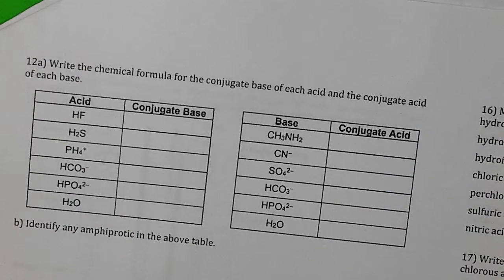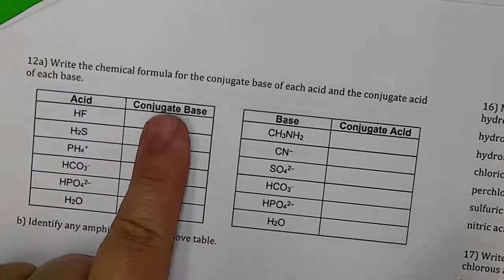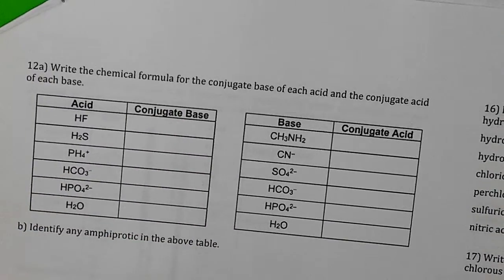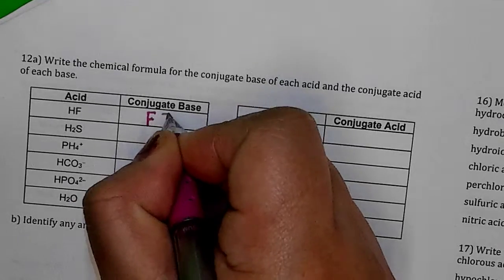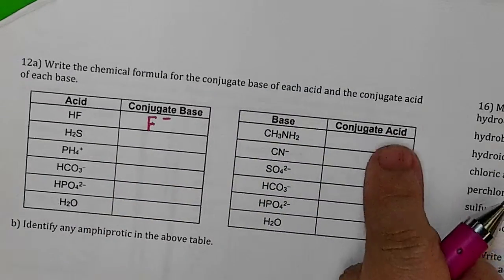Remove the H, right? So if you remove the H plus, what are we gonna get here? F minus, and then do the rest. And then you're gonna do the conjugate acid too. Okay, don't look. I want you guys to try without it. Just lose one, just lose one each.